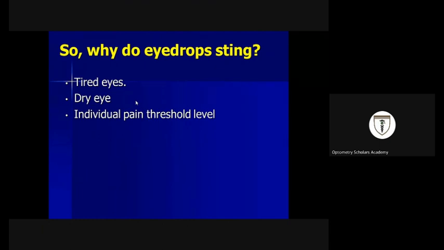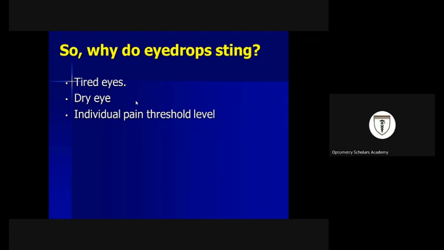for an effective delivery system and minimal stinging. Another reason why eye drops sting is tired eyes, dry eyes, and individual pain threshold. Tired eyes, I mean, when the eyes are stressed and strained enough, when you instill an eye drop in it, it stings. No matter how low the stinging effect is, the patient will notice the stinging immediately or significantly. So when the eye is tired, the eye drop will sting.